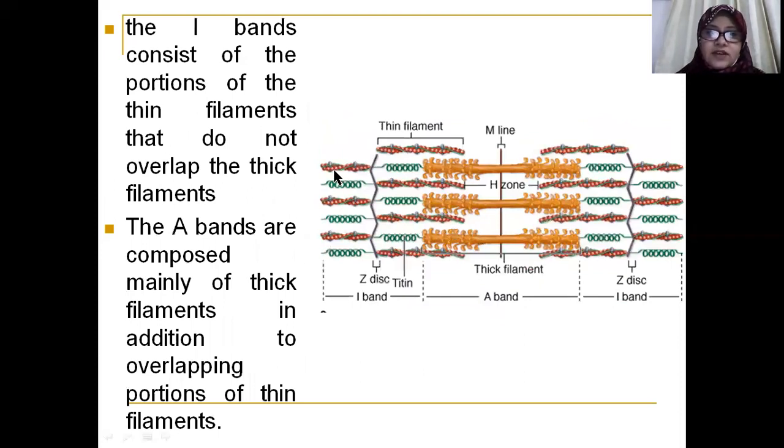The I-bands consist of the portion of thin filaments, that are actin filaments, that do not overlap the thick filaments, that is myosin filaments. And the A-bands are composed mainly of thick filaments in addition to overlapping portions of thin filaments.